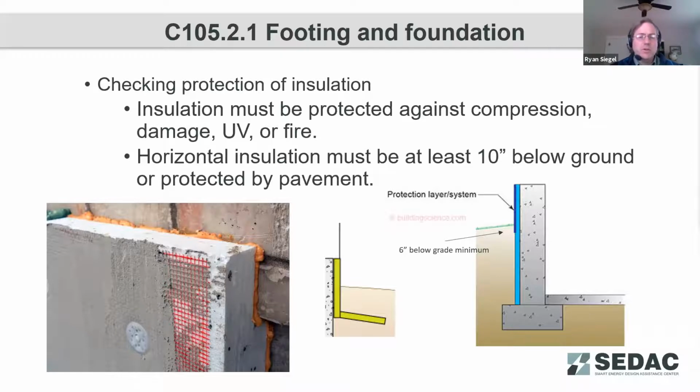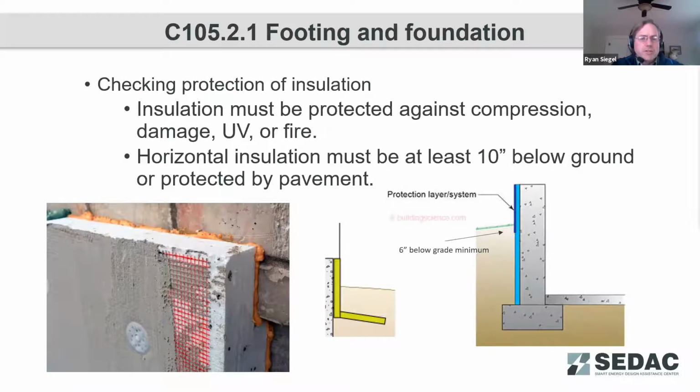One way to provide that protection for horizontal insulation is that the code does require that it has to be buried at least 10 inches below ground or protected by pavement. By being at least 10 inches below ground, you're less likely to have a landscaping shovel or something similar pierce that insulation and eliminate the effective path.